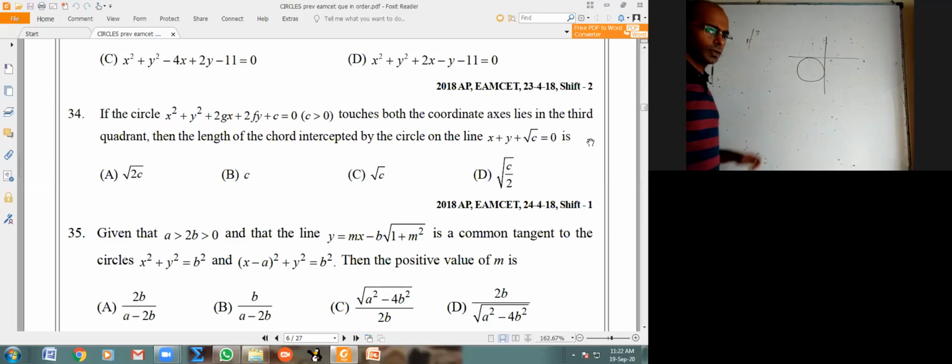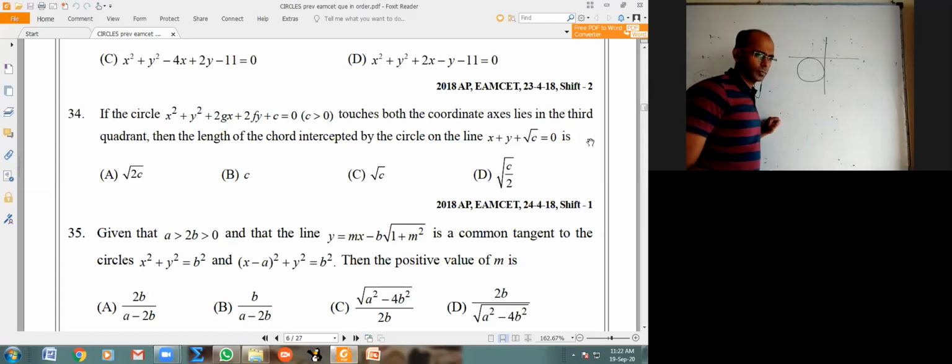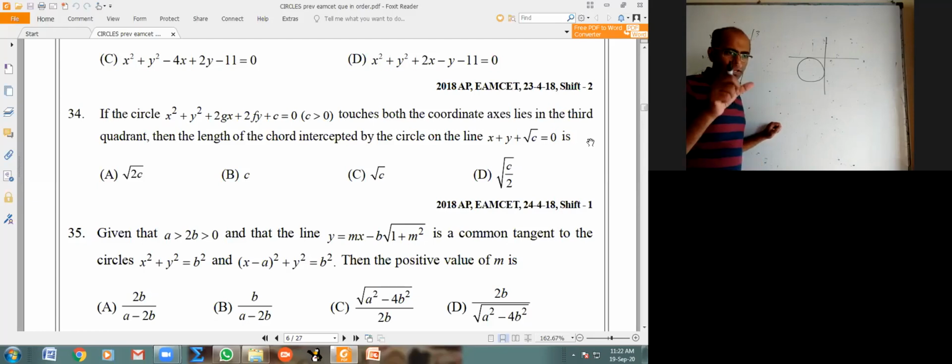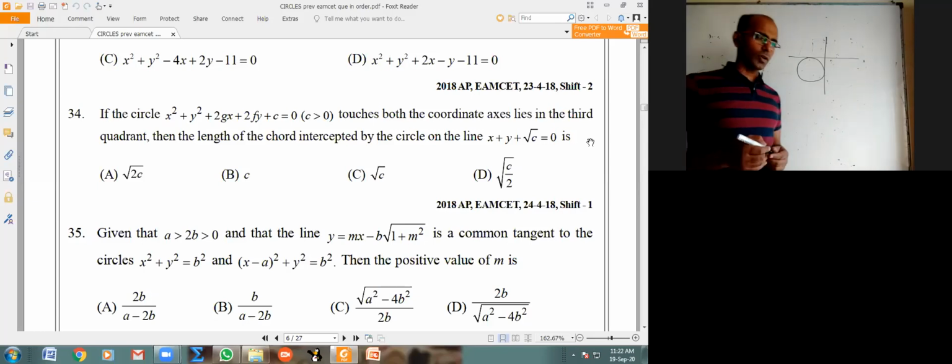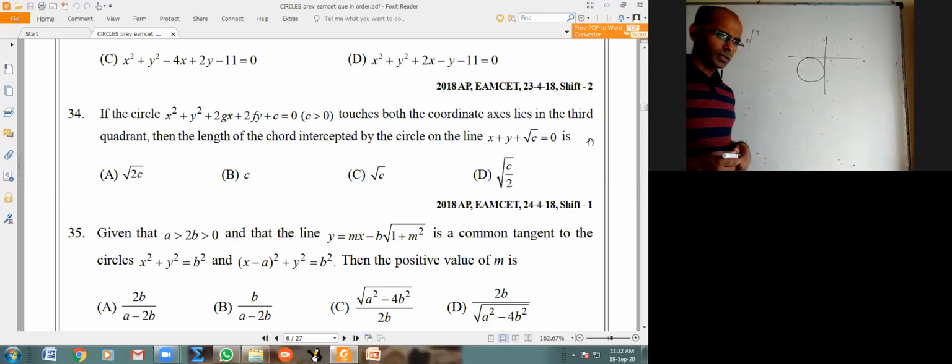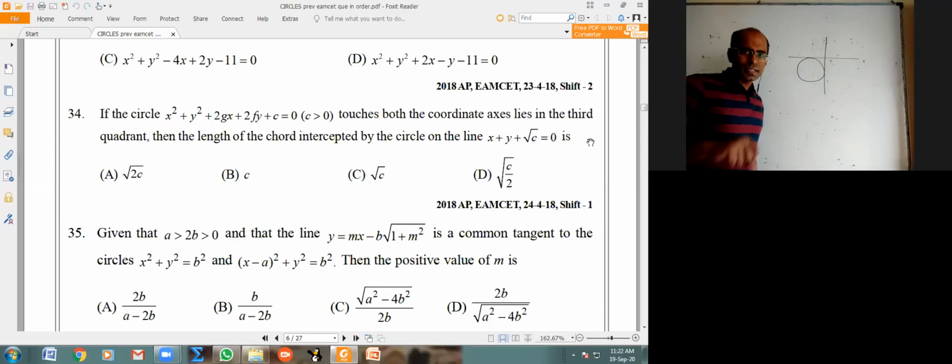Okay. And what does the constant tell you actually? If you take a circle, what does the constant give you? First of all, C is positive, it's fine. If in a circle the constant number, what does it represent? Anybody want to give any idea?